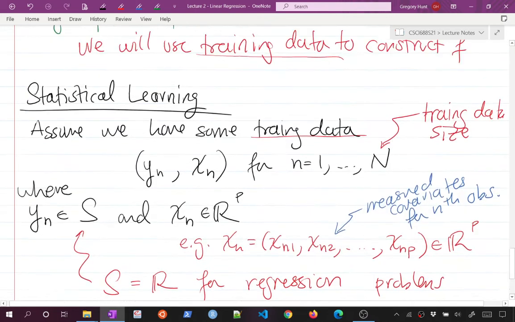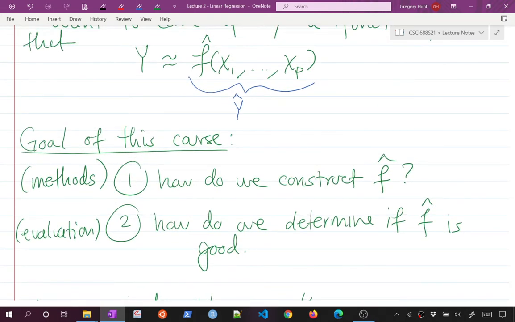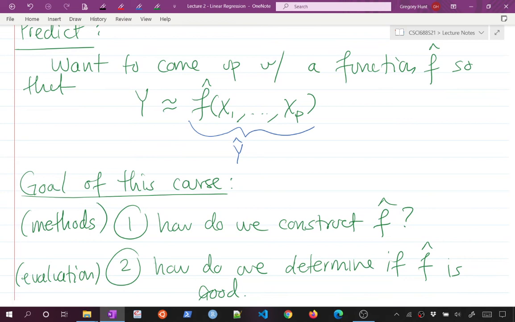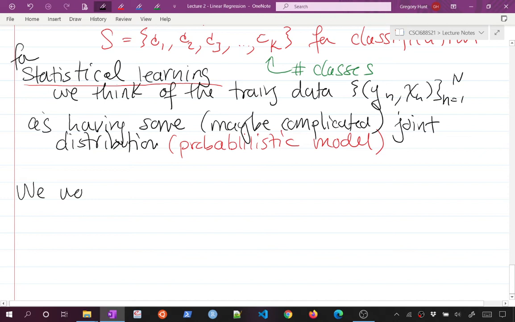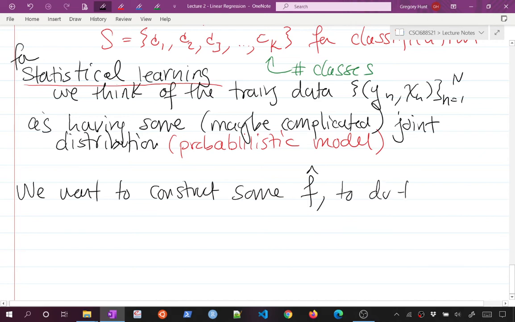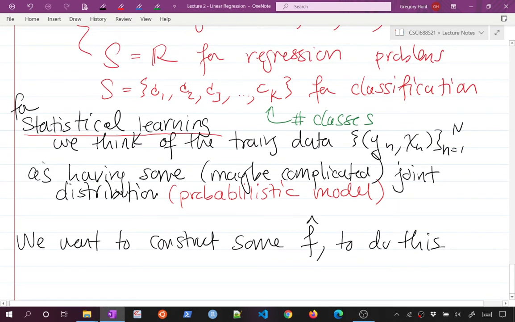So as I said above, the goal of a statistical learning approach is to construct an estimator f hat. So we want to construct some f hat. To do this, if we're statisticians, we're going to exploit this probabilistic model and let the model tell us what f hat should be.